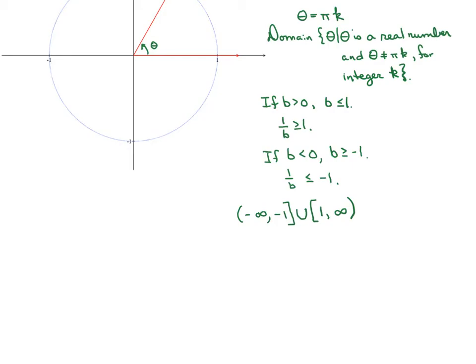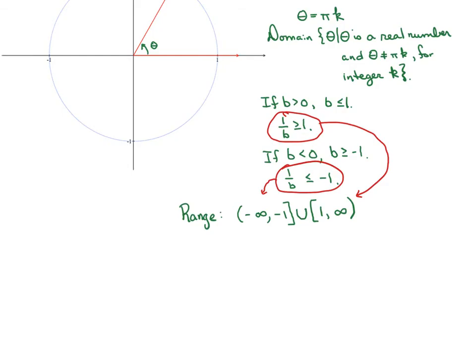So this piece is this, and this piece is this portion. The output has to be in one of those intervals. So this is the range.